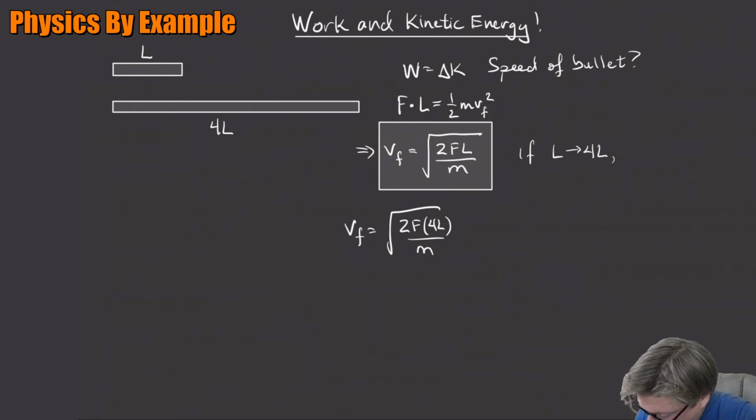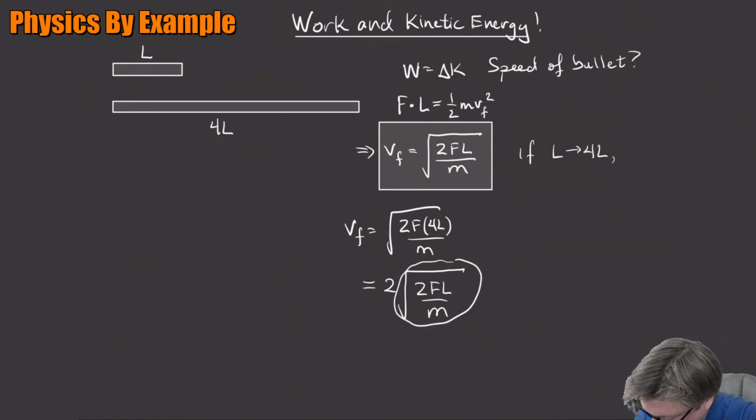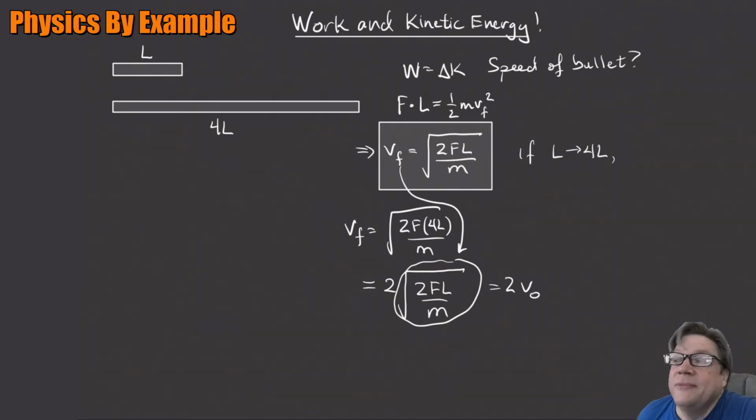So if I bring that outside, that would just be 2 times the square root of 2FL over M. That's the same expression. And this thing was our original V. I want to call it V initial. What do I call it? V original? Anyway, you get the idea.